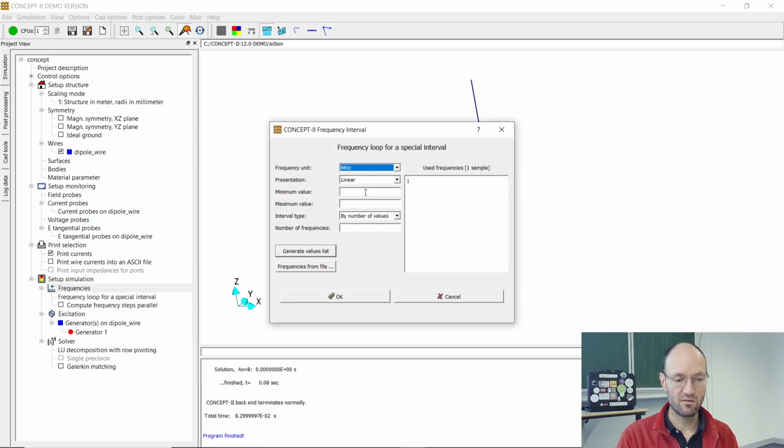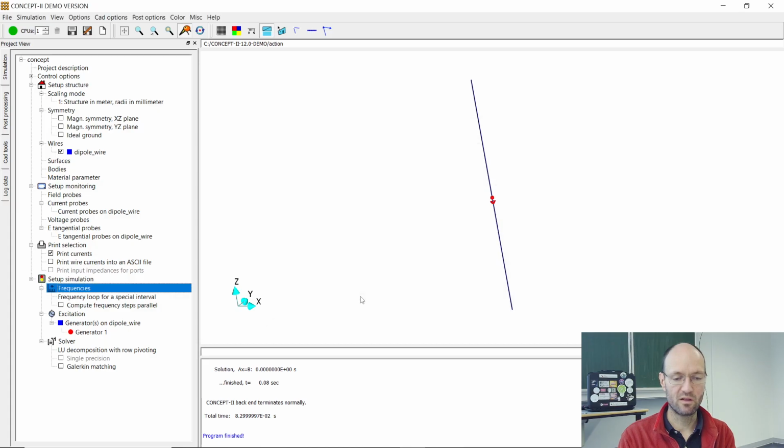So let's say we start with 1 megahertz and we end up with 1000 megahertz, and we will do 1000 frequency steps. So we have 1000 frequencies in steps of 1 megahertz, and generate a value list. And there we go. There are our 1000 frequencies. And I will click OK.